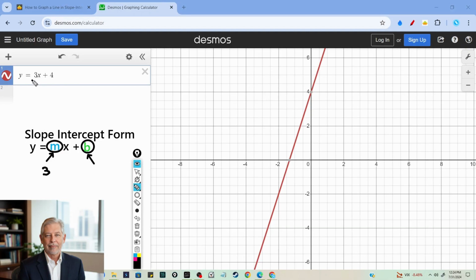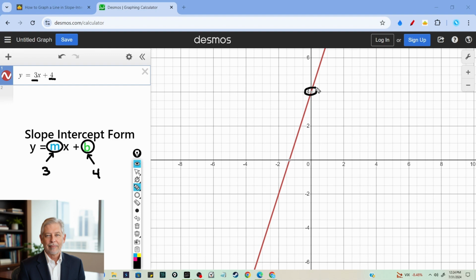See, the slope was 3. Slope is always the number in front of the x. And the y-intercept is the number that you're going to add or subtract. And so we're adding 4, positive 4. What the y-intercept means, remember, is where it crosses the y-axis. So the line crosses the y-axis at 4, right there.